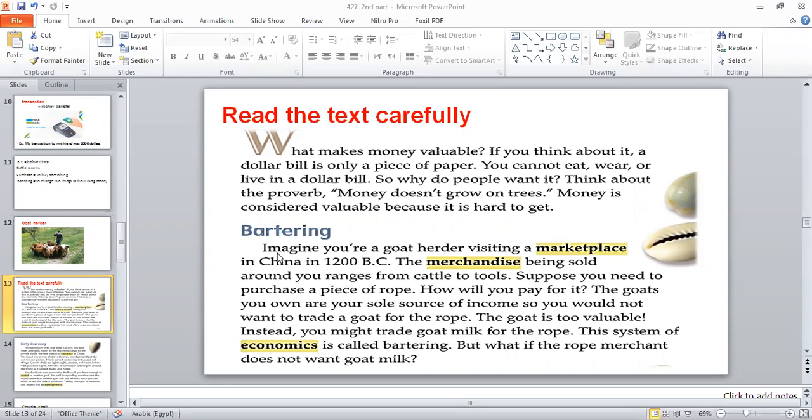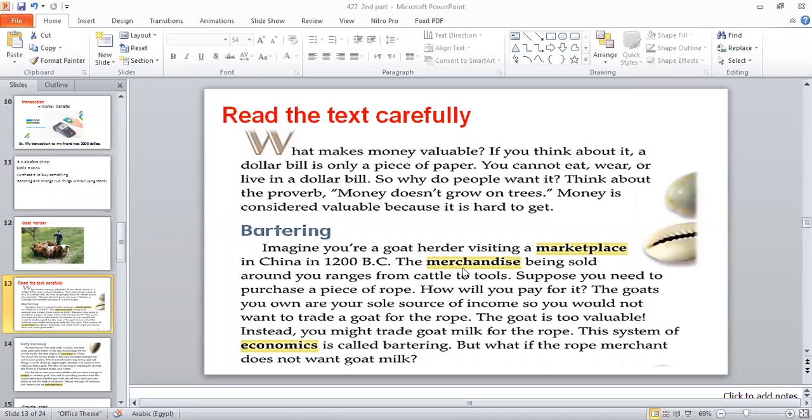Imagine you're a goat herder visiting a marketplace in China in 1200 BC.